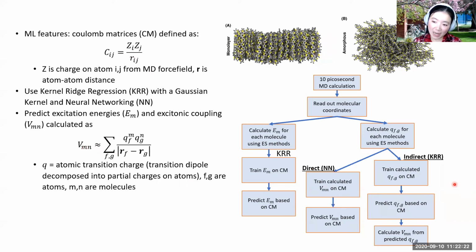Then if we change to KRR, another type of machine learning, the input is still the Coulomb matrix, but the output changes to a parameter we call the transition dipole. We then put this transition dipole into this equation, and we can get the excitonic coupling coefficients. And what will the errors be, compared to our traditional calculations?